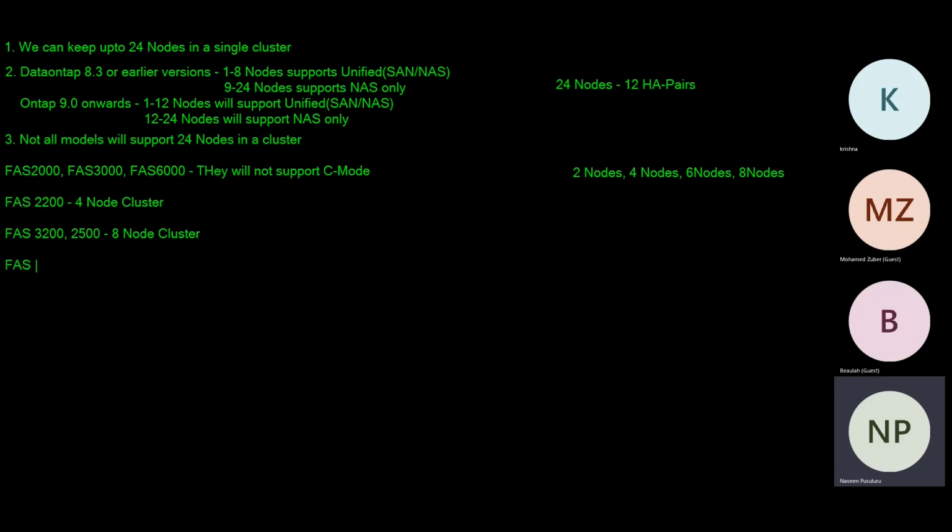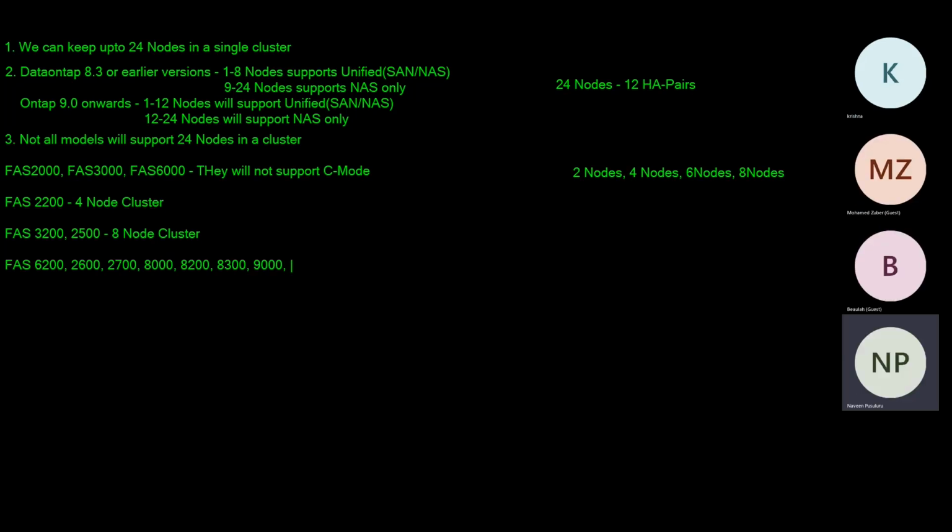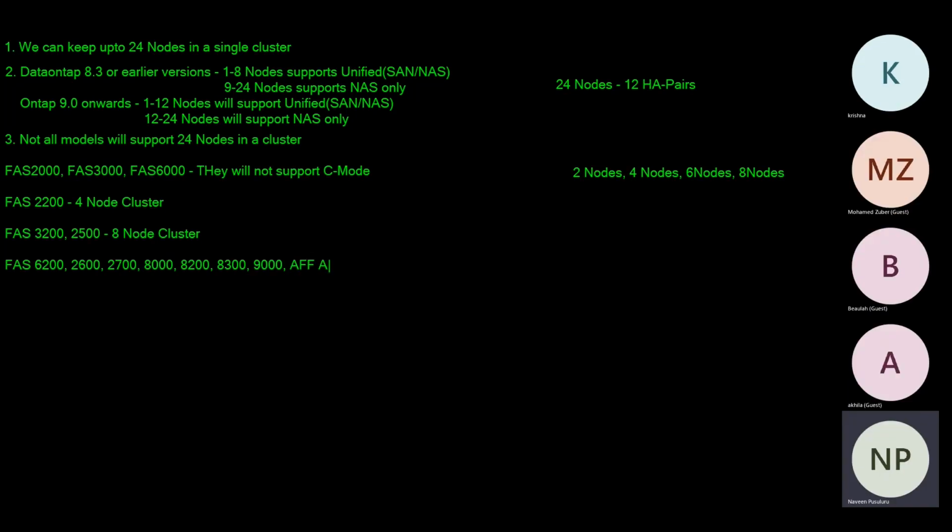And with the remaining models like 6200, 2600, 2700 series, 8000, 8200, 8300, 9000, with all these series, even AFF A700, like this, we can create a 24 node cluster.